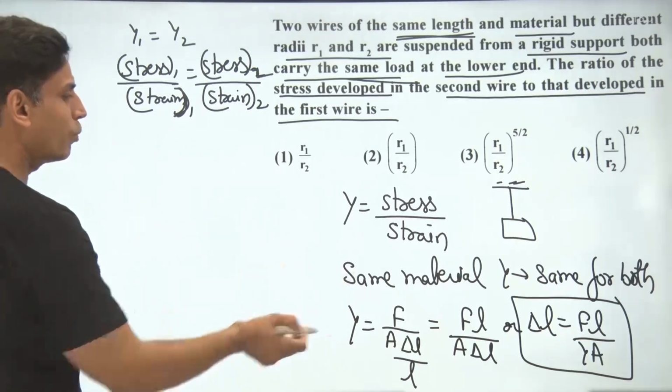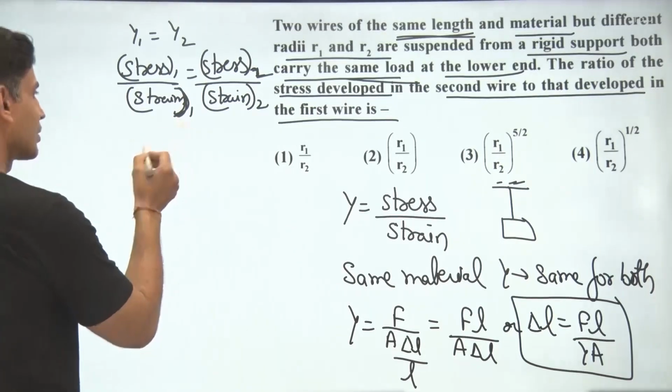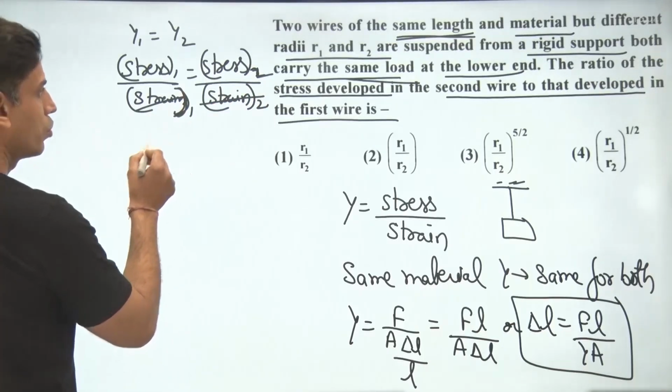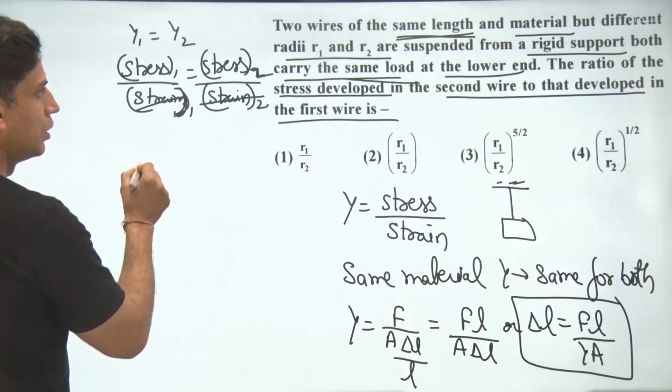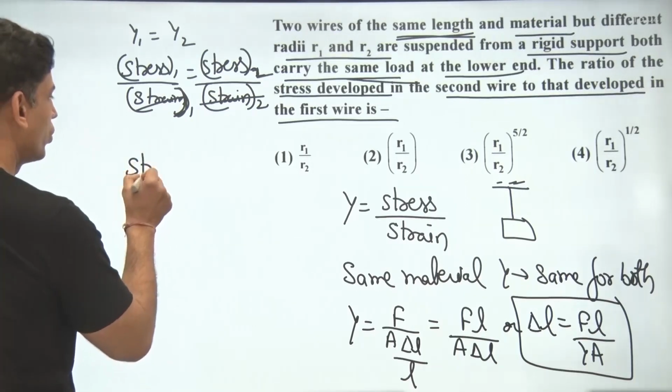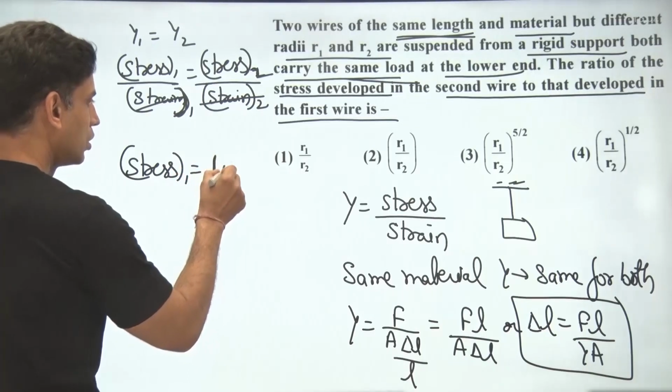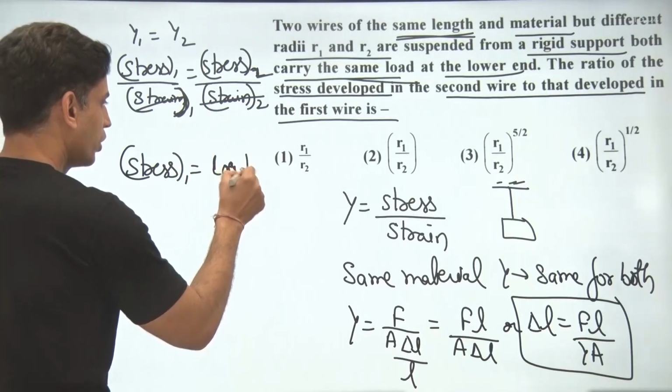There is no point doing this unnecessarily. Now strain is the same, so the stress developed will be in the ratio. So stress in 1 is load upon area.